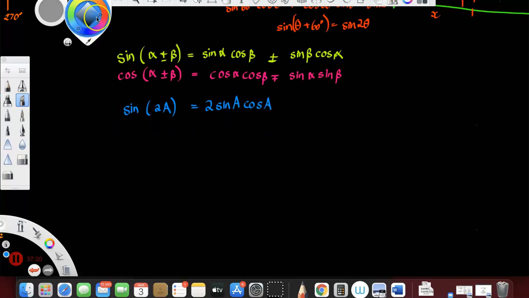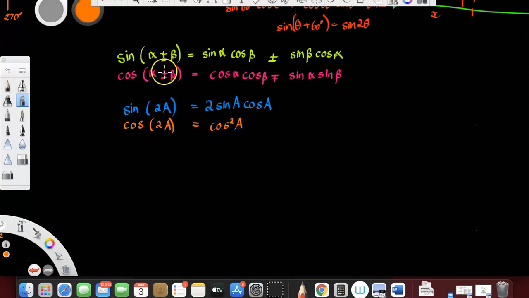And then if we use our cos of 2a, so that would be alpha plus alpha would be cos alpha cos alpha. What is cos alpha cos alpha? That's cos squared alpha, and then it's plus alpha, so this is minus sine squared alpha, because this would be sine alpha sine alpha.